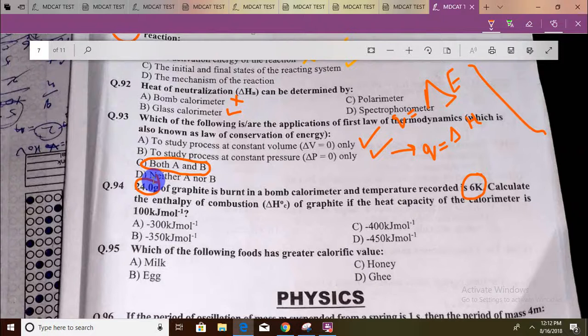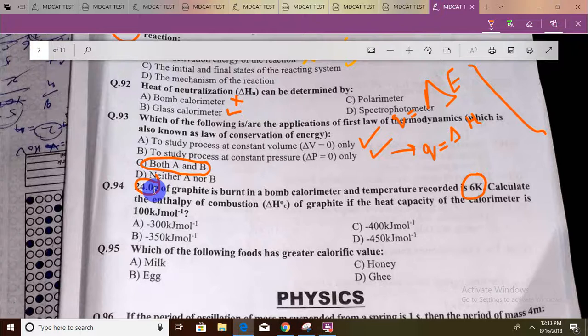We know C12 is what makes up graphite. And we also know that M into S into delta T is important. So they've given us the heat capacity of the calorimeter, and this is not the specific heat capacity, this is the heat capacity as a whole. So you don't need to put in the M value, it's simply 100 into 6, which is 600.